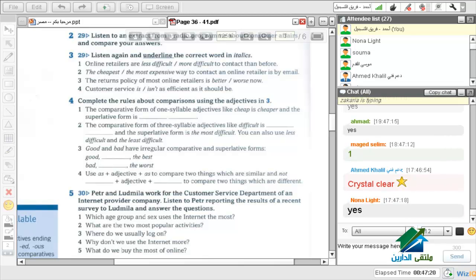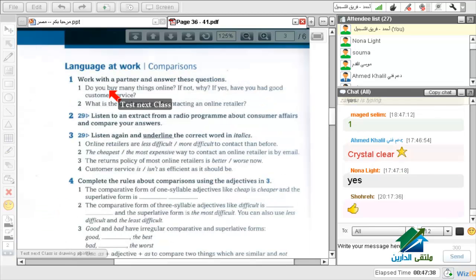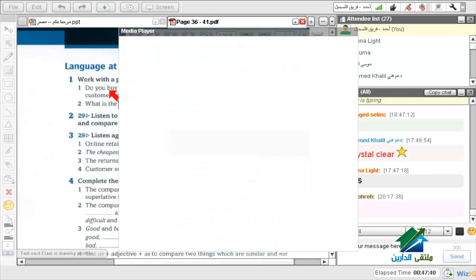That's what I mean. Now, it's time for listening. Mr. Khalil, please listen to an extract from a radio program about consumer affairs and compare your answers, the exercise answers.